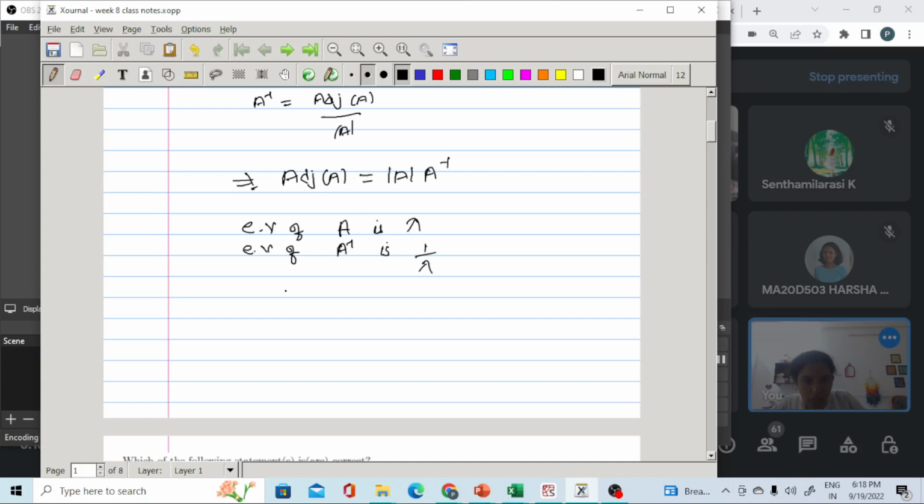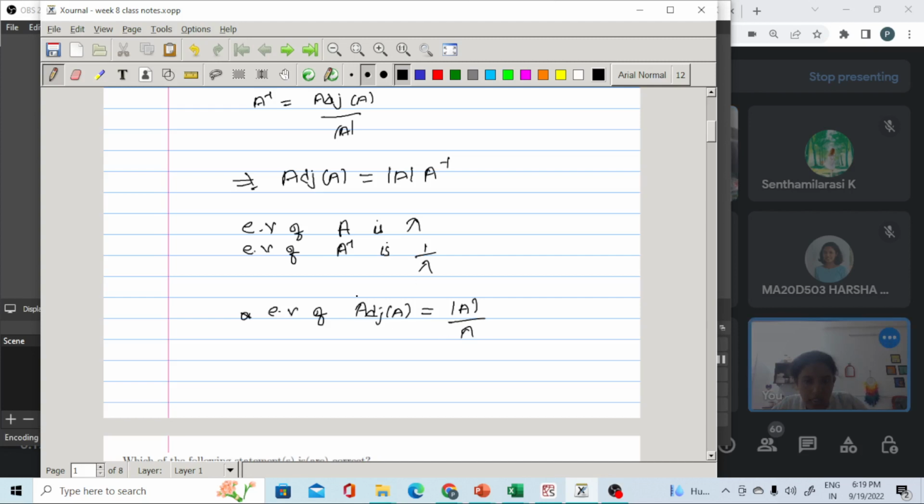So what is the eigenvalue of adjoint of A? Adjoint of A is determinant of A into A inverse. Determinant of A is a scalar, and we know the eigenvalue of A inverse. Using the result, what can we say? Determinant of A upon lambda.